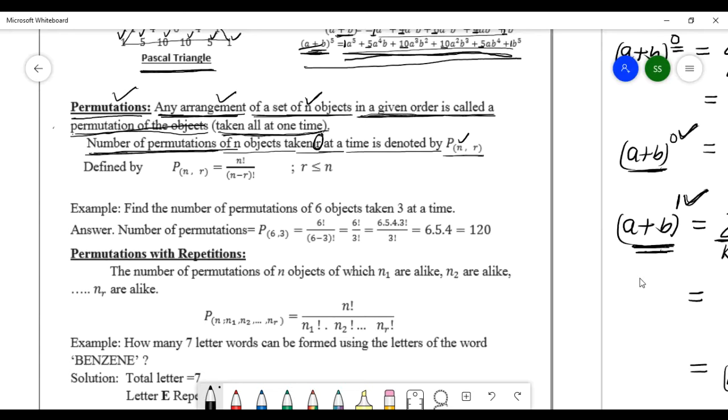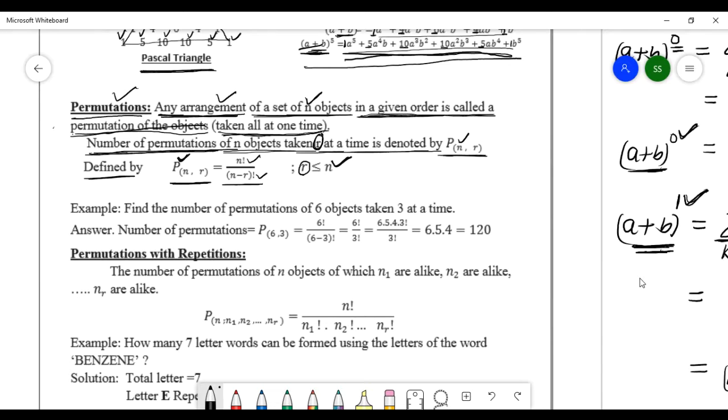The total number of permutations of n objects taken r at a time is denoted by P(n, r), and this is defined by P(n, r) = n! / (n - r)!. Here r is always less than or equal to n.